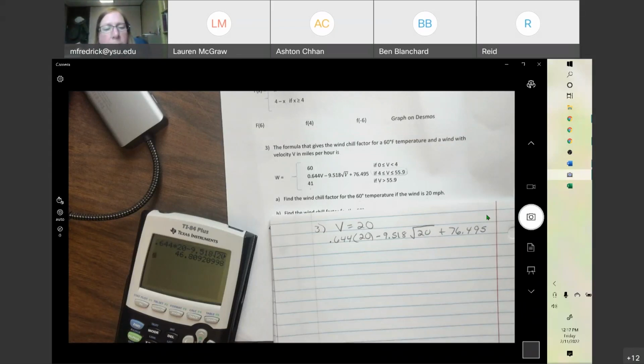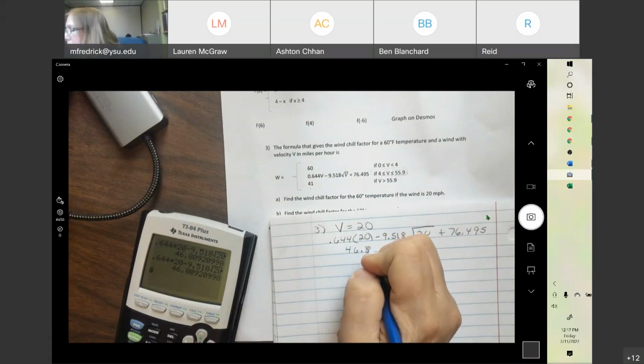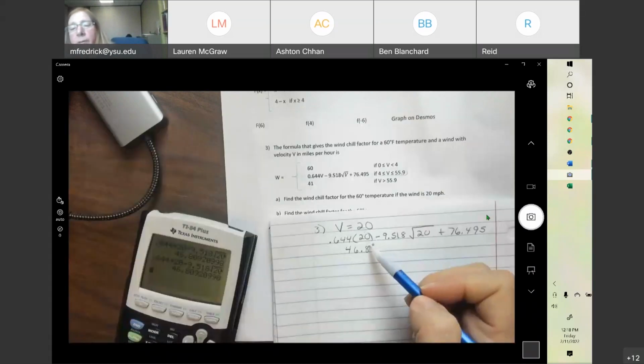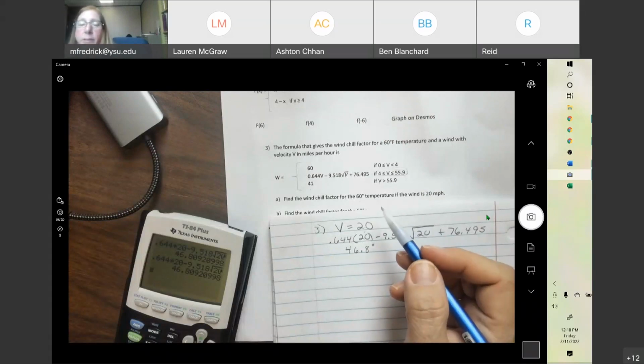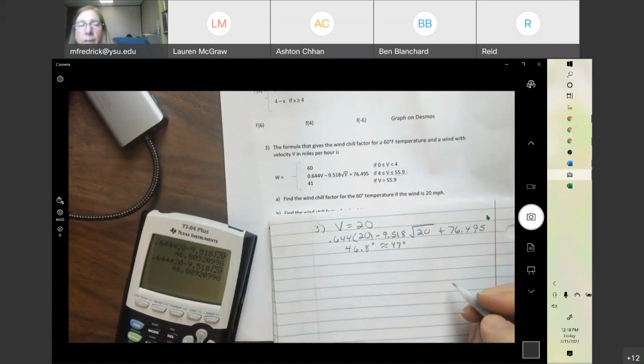Are we getting 46.8? Yep. So on a 60-degree day, if the wind is going 20 miles per hour, it will feel like it's 46, almost 47 degrees. Any questions on that?